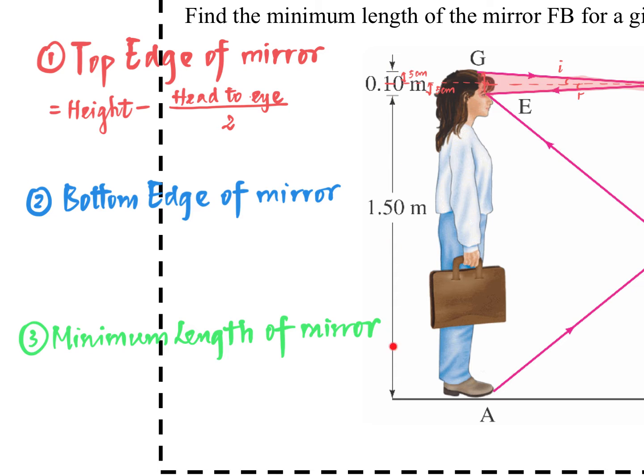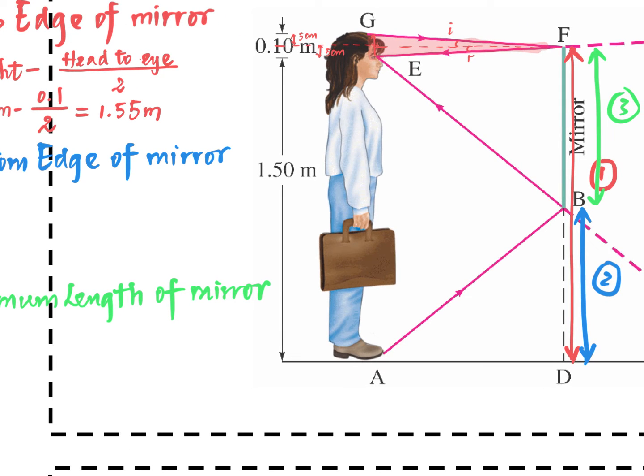In this case, the numerical value should be 1.6 meters minus 0.1 divided by 2, which is equal to 1.55 meters. For the bottom edge of the mirror, as you can see, similarly, let's pay attention to the blue triangle.